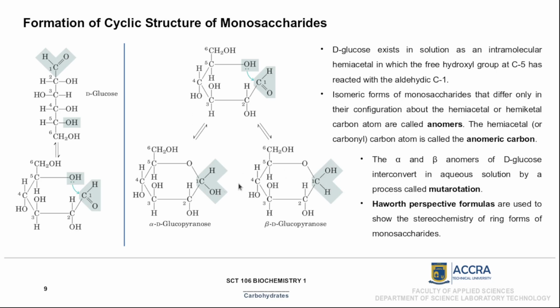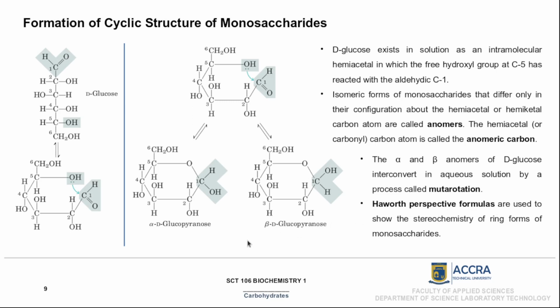This way of representing stereoisomers of cyclic structures of monosaccharides is referred to as the Haworth perspective formulas. We saw the Fischer projections in the open chain, and we saw the perspective projections also. Here with the cyclic structures, we represent the stereoisomers with what we call the Haworth perspective formulas.